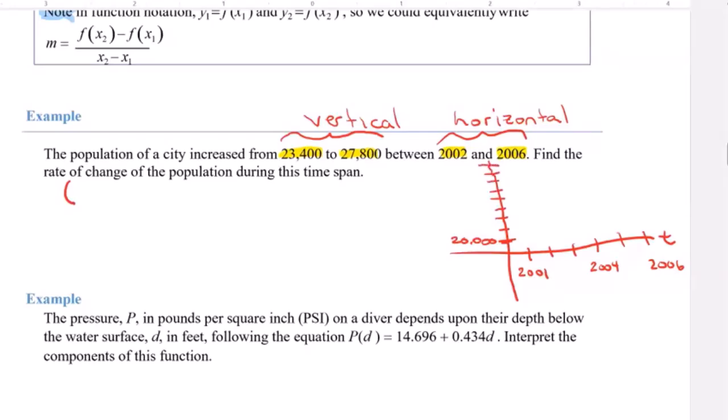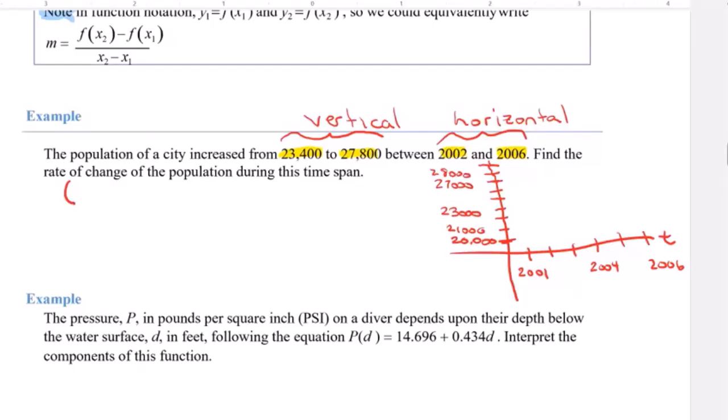Actually, we're going to need 8, because this is going to be 21,000, and 22, 23. So this right here is 23,000. 24, 25, 26, 27. Hopefully I'm counting right. 27,000 and 28,000.